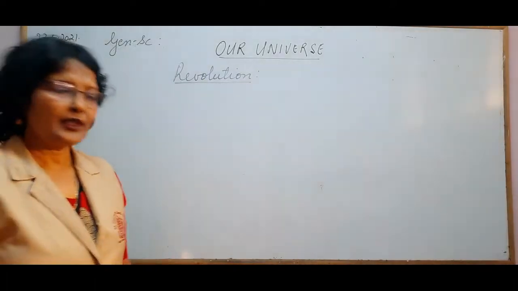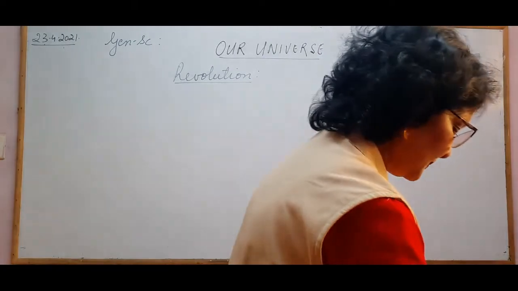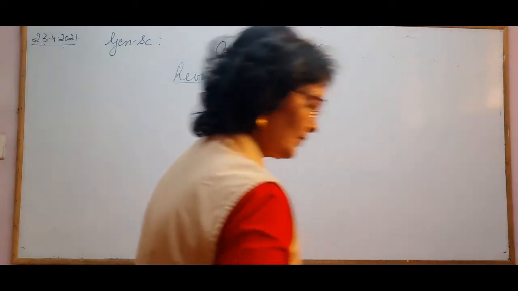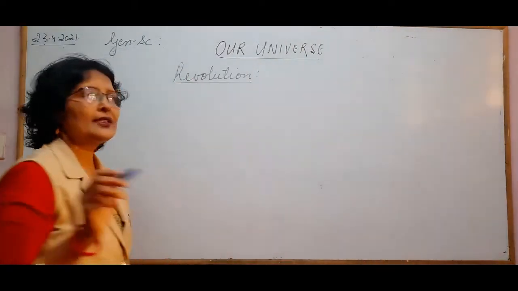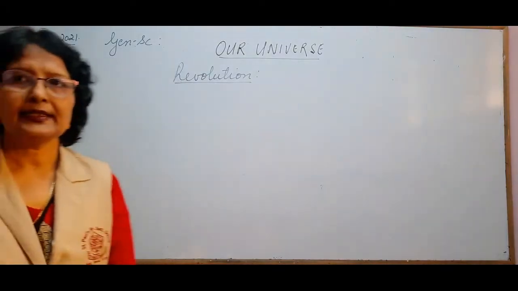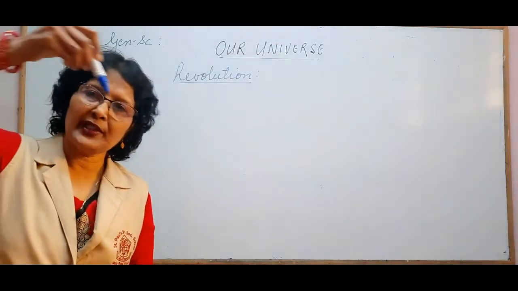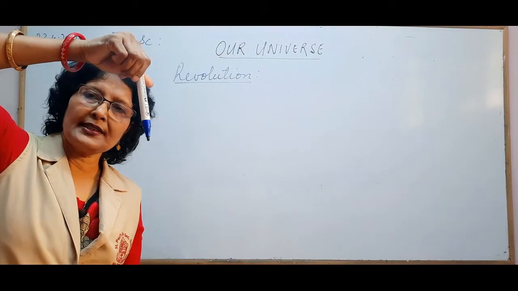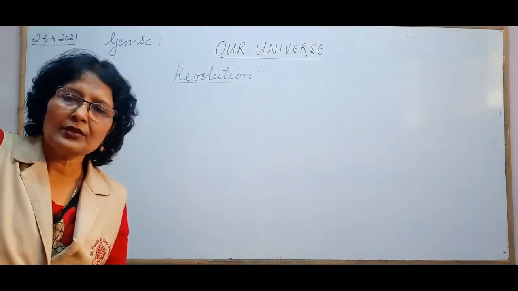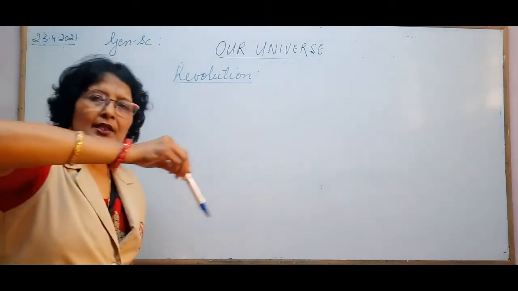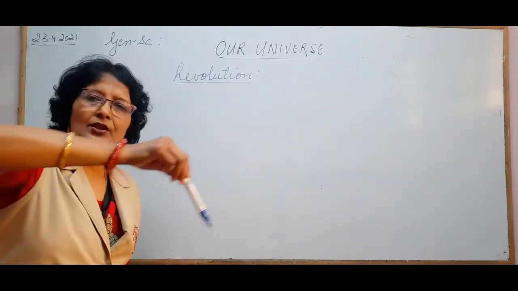Revolution. Now, there is another movement of the earth, that is revolution. The earth spins on its axis, and with that it moves around the sun also. I told you all the 8 planets go around the sun, so the earth also goes.